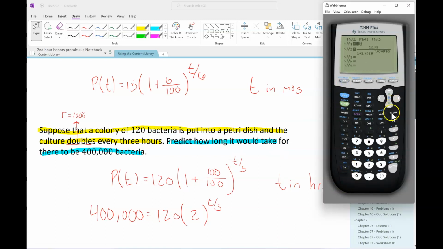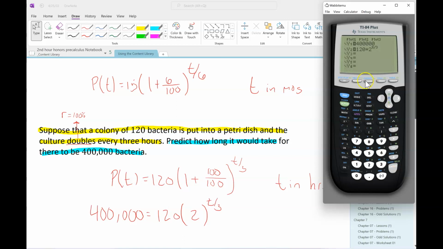So what did we do? We did the left-hand side, and then we do the right-hand side. Oh, get rid of all that stuff. Everybody's cool with that setup?